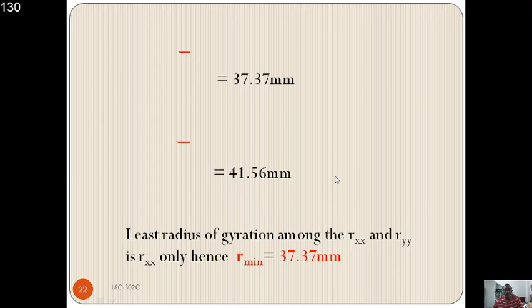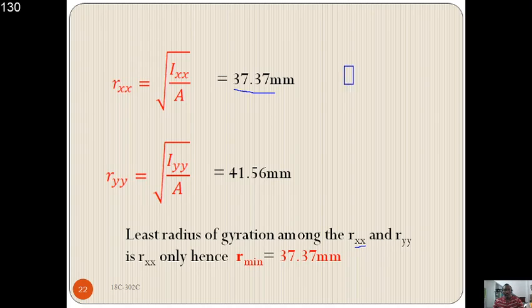Then substitute those values to get the radius of gyration, and here our axis is given the minimum value. Being an L section, it can be rotated to any orientation. Let us say if I make this L shape, it is also possible to rotate the same section. So rxx and ryy are interchangeable in this case.